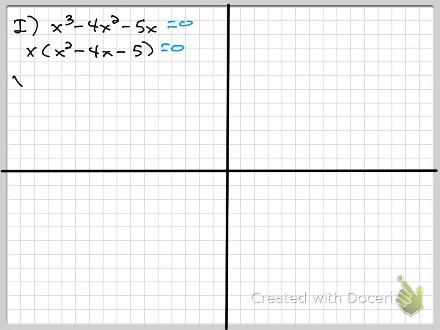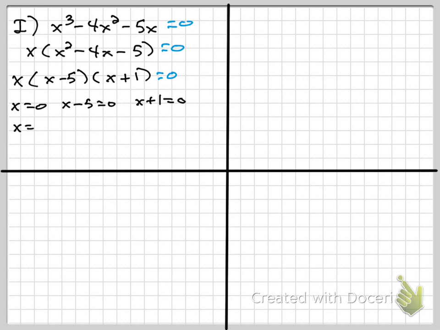Okay, so two factors of negative 5 that add to give me negative 4 are negative 5 and 1. Set all factors equal to 0. I get zeros of 0, 5, and negative 1. Negative 1, 0, and 5.